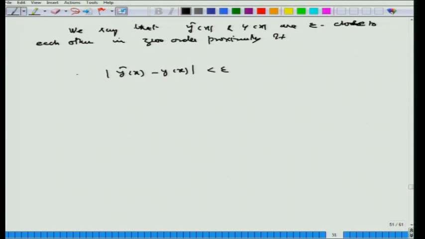Rather, we can say the maximum over x 1 less than x less than x 2 of the absolute value of y tilde x minus y x is less than epsilon.